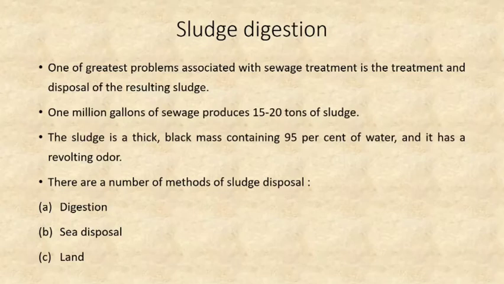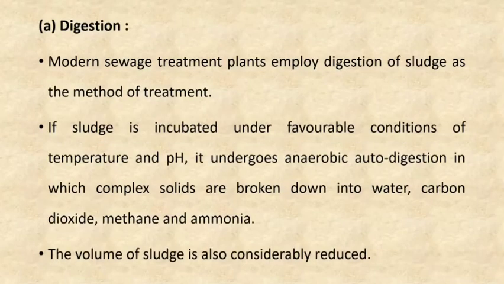The sludge is a thick, black mass containing 95% water, and it has a revolting odor. There are a number of methods used for sludge disposal, like digestion of sludge, sea disposal, and land disposal. So the first one is digestion.